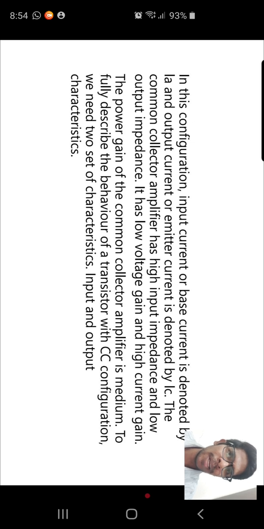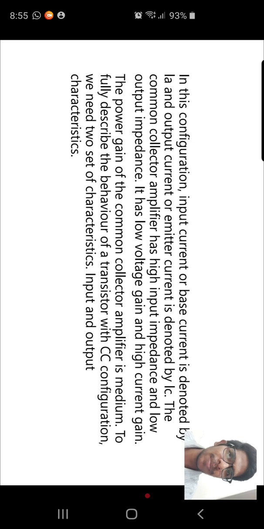The common collector amplifier has high input and low output resistance, with current gain and power gain.